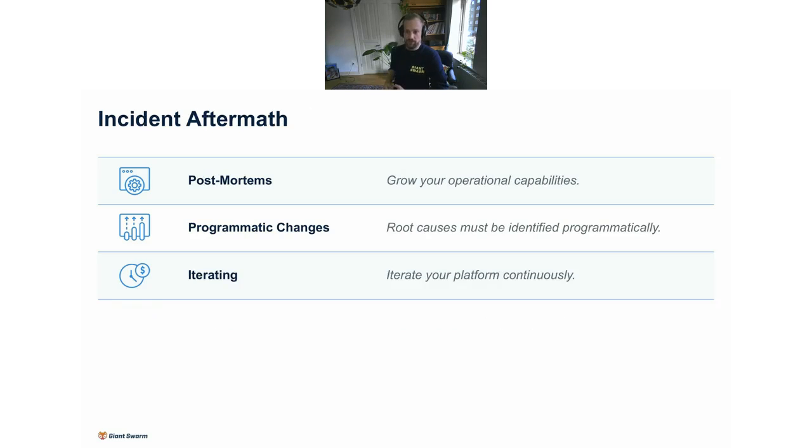And the last phase is the incident aftermath. When a downtime happens, you should always have a lesson learned out of it. You can get the lesson learned through postmortems, for example. So sit together after an incident with the application team, for example, whose service was affected, and talk about and identify how you can grow your operational capabilities.